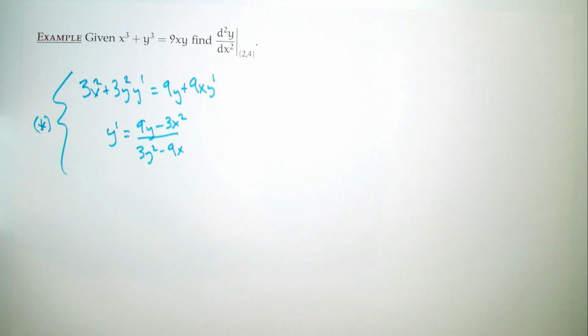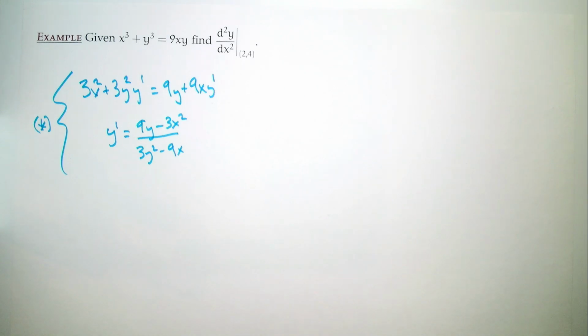How do we get to the second derivative? To get to the second derivative, we will take a derivative of a derivative. Now, there's two options. Should we do both?